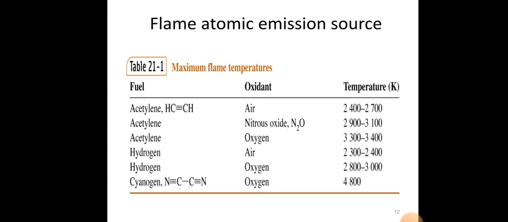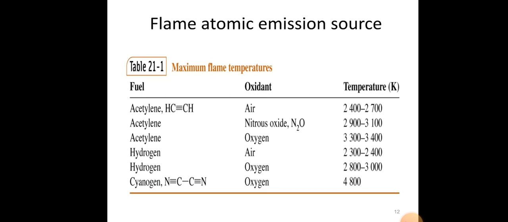If the fuel is acetylene and the oxidant is nitrous oxide, N2O, then we will have a flame with a temperature of 2900 to 3100. As you can see, the second flame has a higher temperature than the first one.